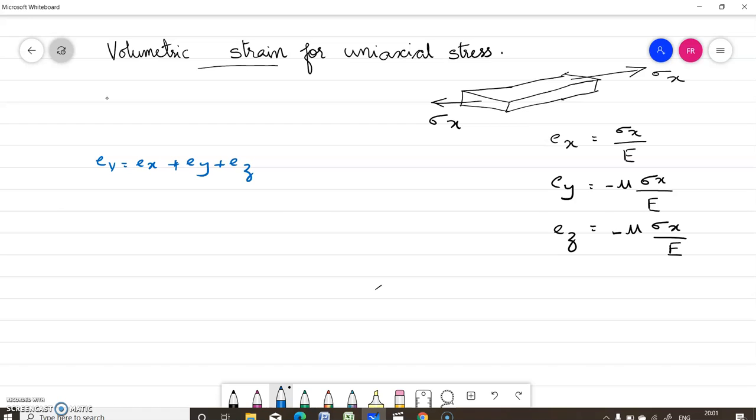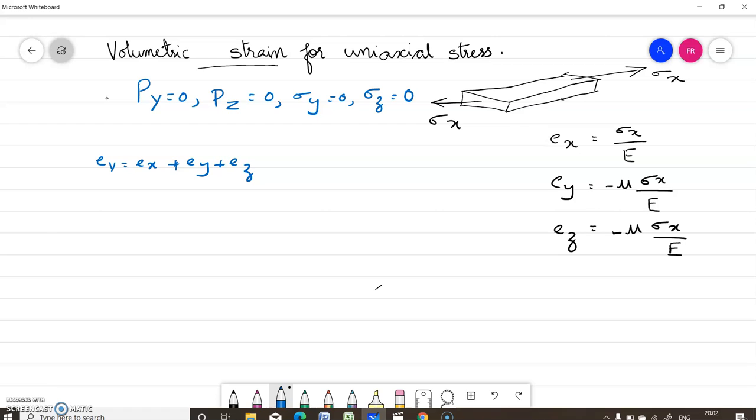Okay, here there is only stress in the x direction and the load is also acting in the x direction. So there is no load in the y direction, Py equal to 0, no load in the z direction, and hence there is no stress in the y direction and no stress in the z direction.